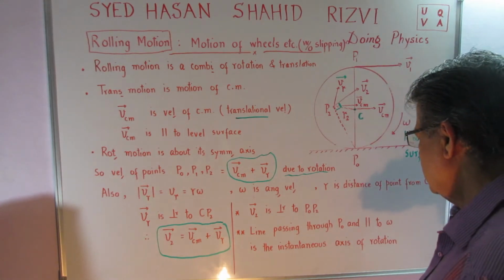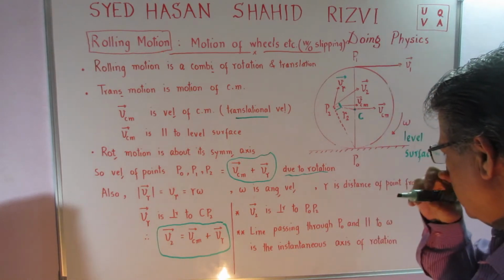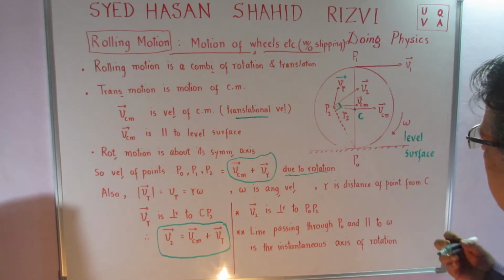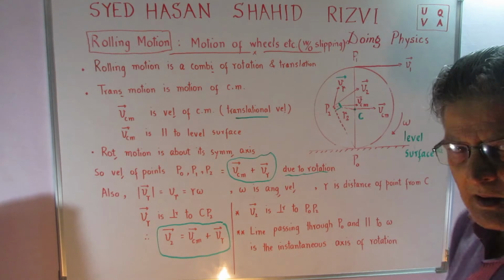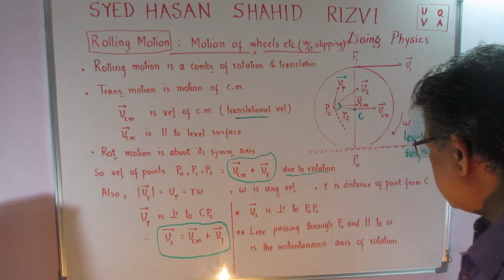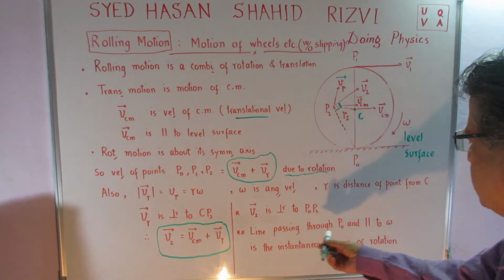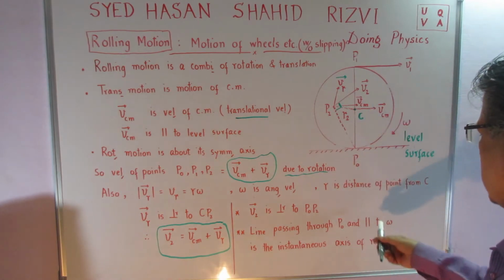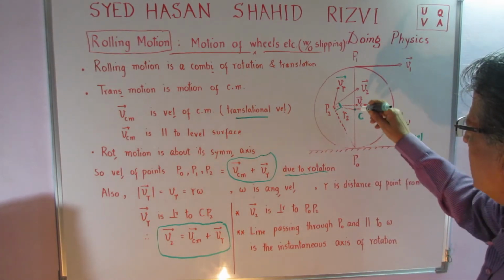And the instantaneous axis of rotation is the line passing through P0 and parallel to omega.